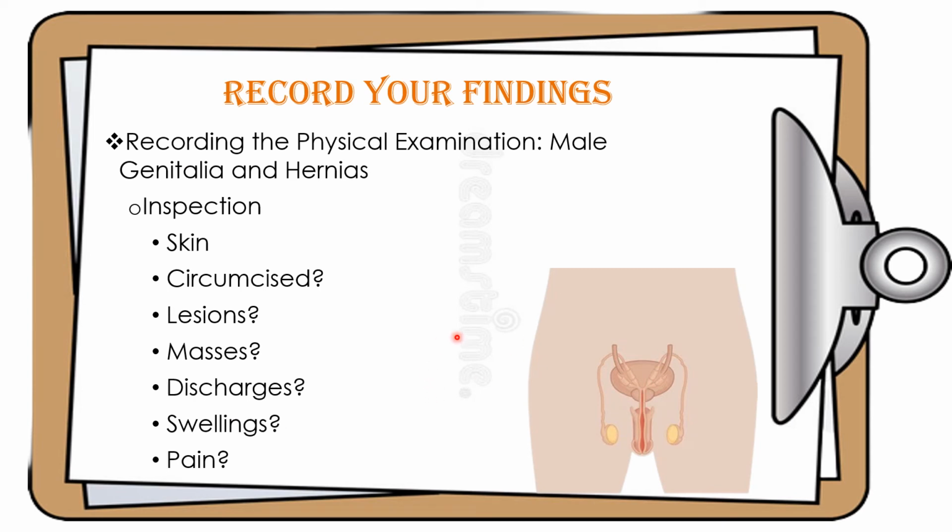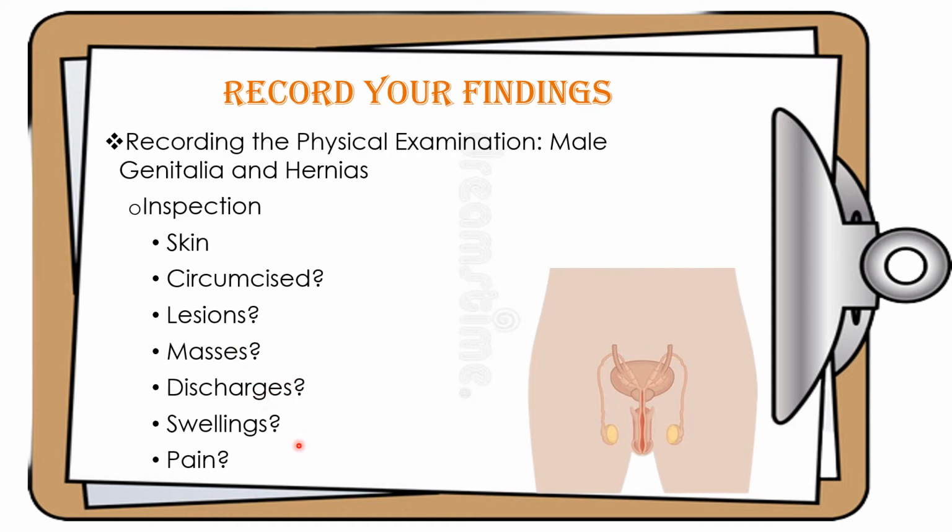Now let's proceed with the recording of your findings. Recording the physical examination for male genitalia and hernias. In doing your inspection, your focus is the skin, the color of the skin, or if the patient is circumcised or not. Are there penile lesions, masses, discharges?